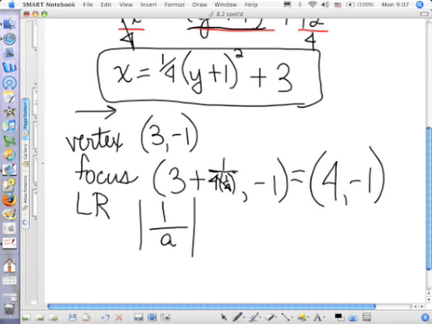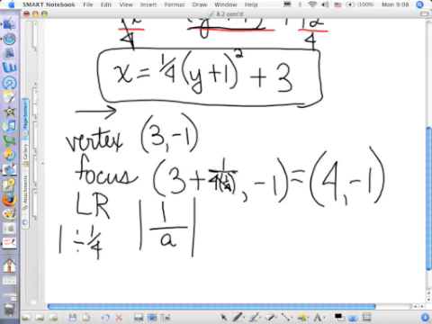So, again, a is 1/4. Now let's get this in our head. We need to be quick about this. If you were dividing 1 by 1/4, every time you divide by a fraction, it's the same thing as multiplying by the reciprocal. So instead of 1 divided by 1/4, this is actually 1 times 4.